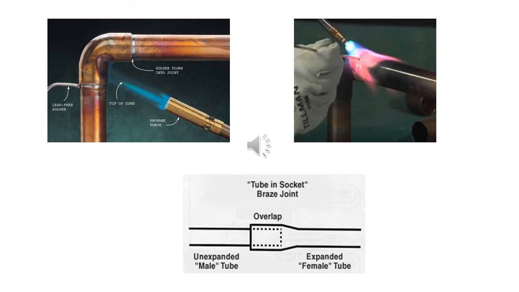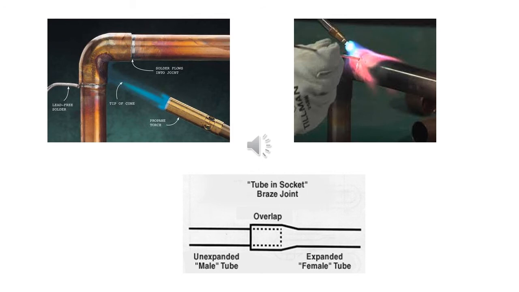The basic difference between soldering and brazing is the temperature necessary to melt the filler metal. That temperature is defined to be 842 degrees Fahrenheit by the American Welding Society, but is often rounded to 840 degrees Fahrenheit. If the filler metal melts below 840 degrees Fahrenheit, the process being performed is soldering.